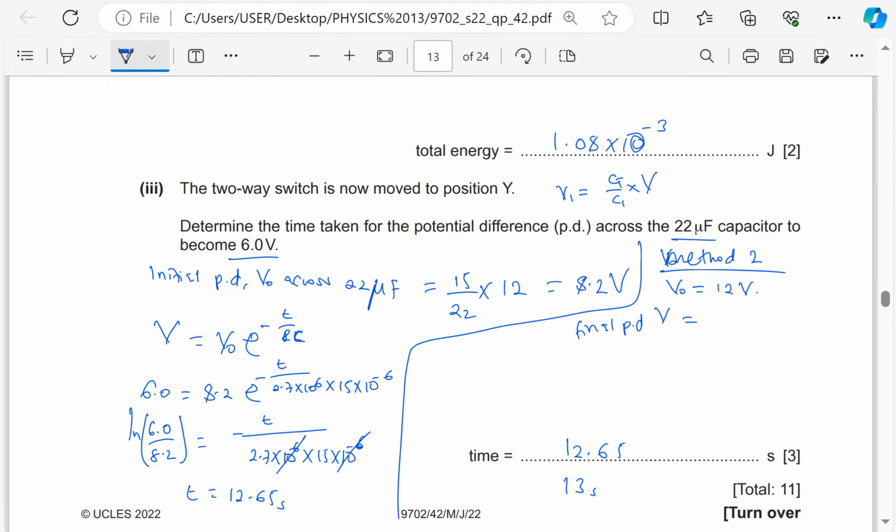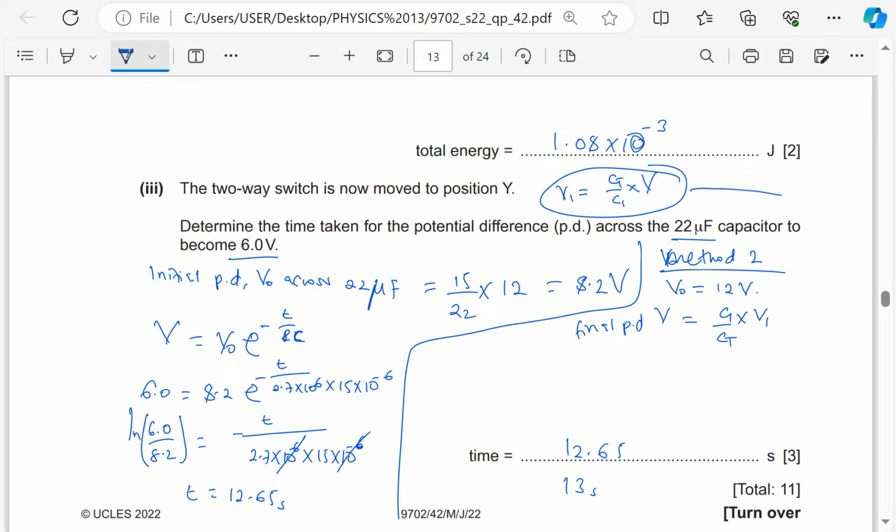Since they gave us the PD across the 22 microfarad capacitor to be 6, let's find the total PD. Using this expression, I make V the subject, so V is going to be C1 over C total times V1.